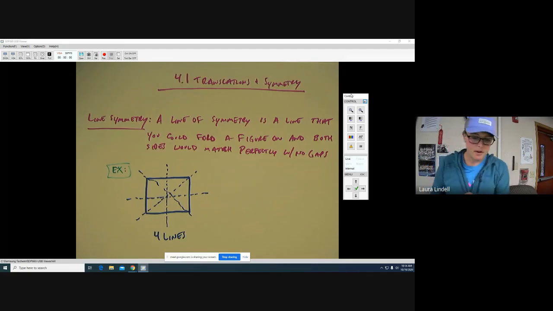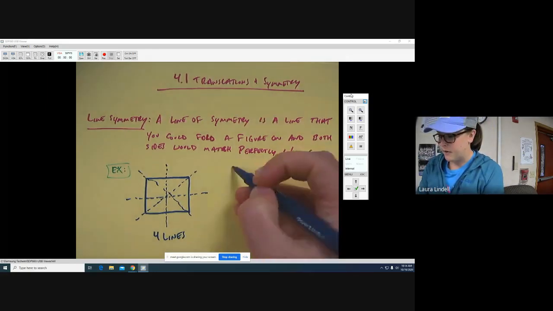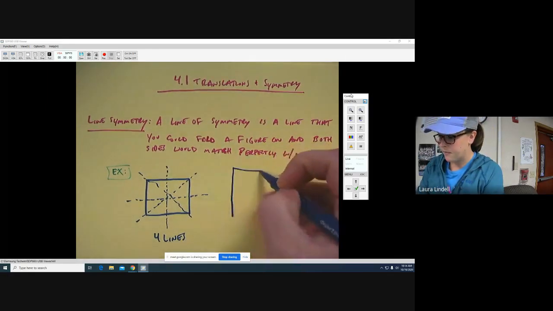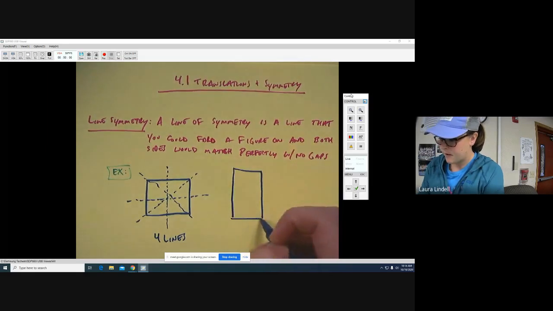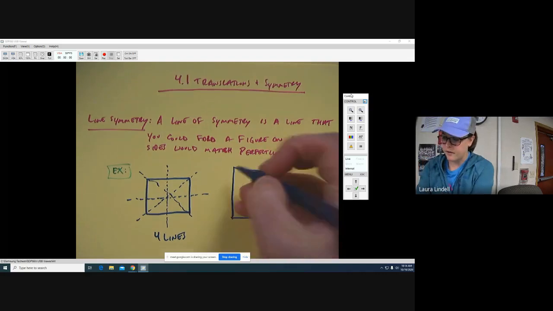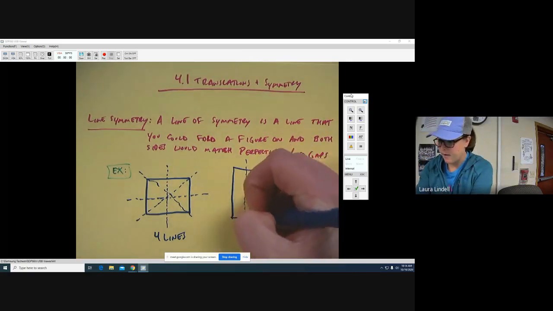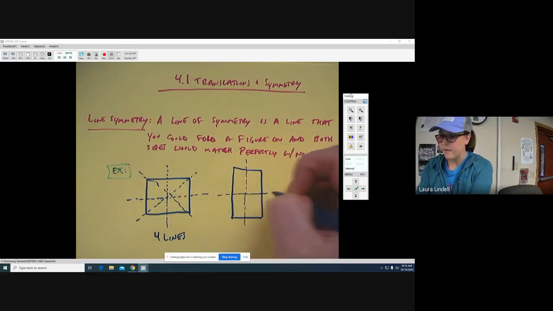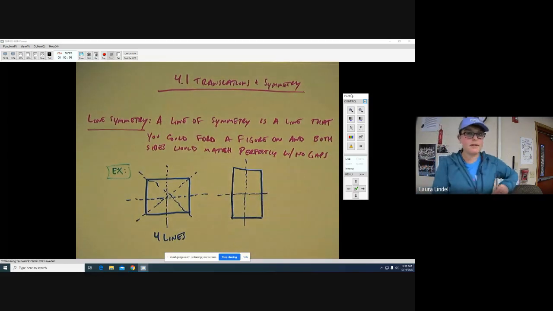Okay. Well, what about a rectangle? Does the same thing hold true for a rectangle? I can fold it this way, right? And this way. But can I fold a rectangle diagonally and it matches up perfect?